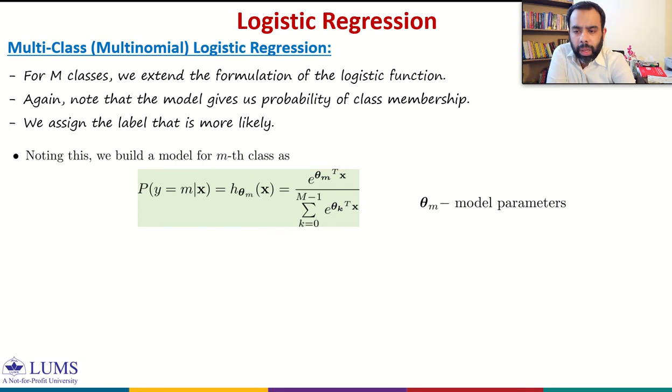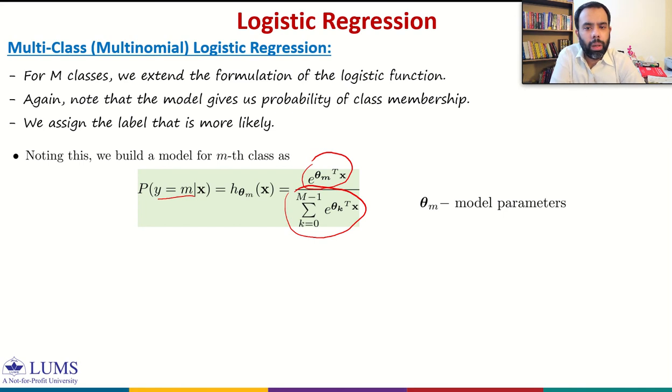The probability of y equal to m given x would be exponent of theta m transpose x in the numerator, and in the denominator exponent of theta 0 transpose x plus exponent of theta 1 transpose x plus exponent of theta 2 transpose x, and so on for all classes we have.